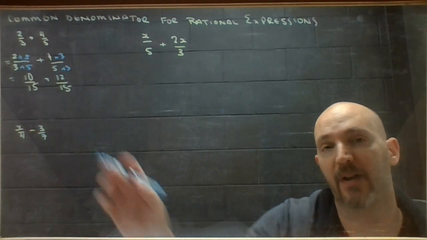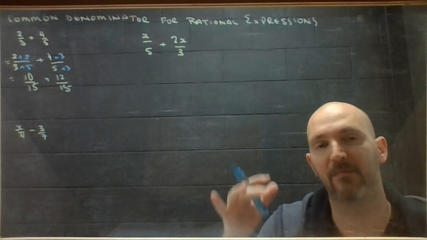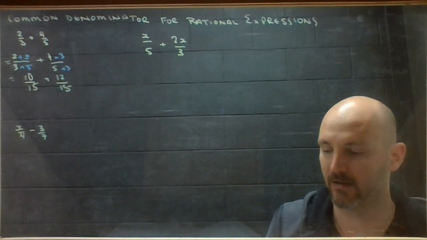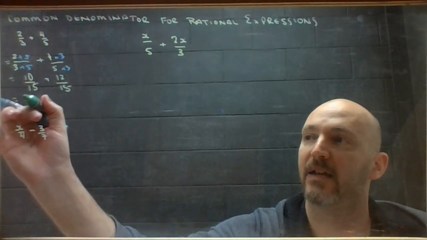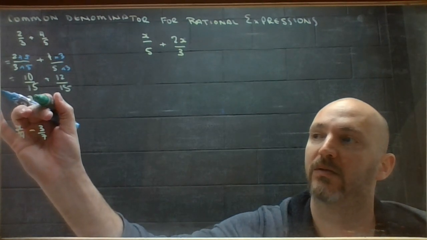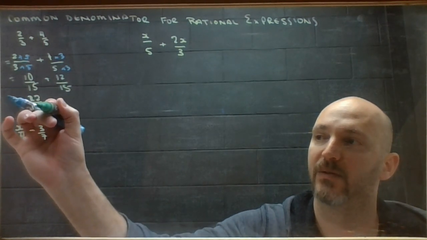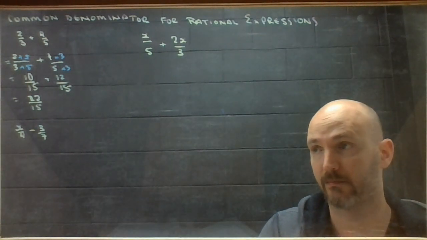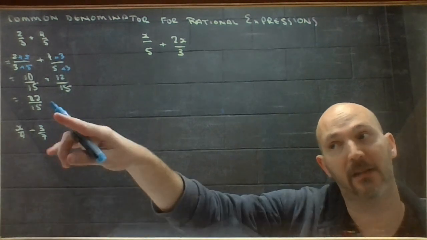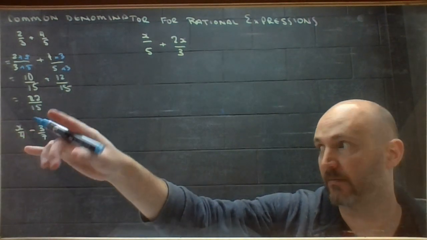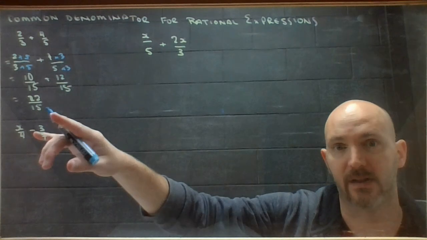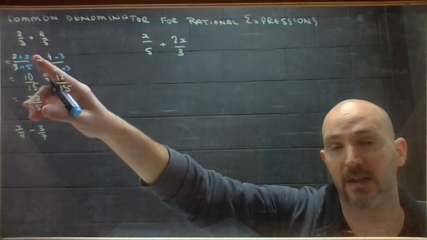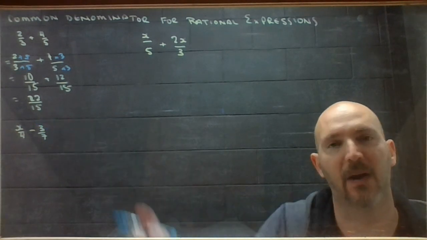Now, because these are divided by the same number, it doesn't matter if you do 10 divided by 15 plus 12 divided by 15, or if you just take the whole total. 10 and 12 is 22 out of 15. The answer to that will be, what was it? 1.466666, whatever, and it would be the same as if you did these as decimals, but it doesn't have the rounding error in it.